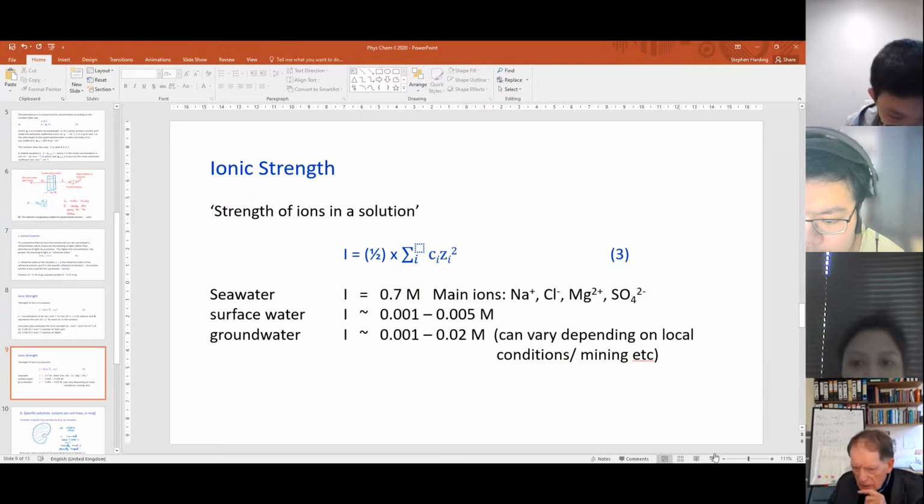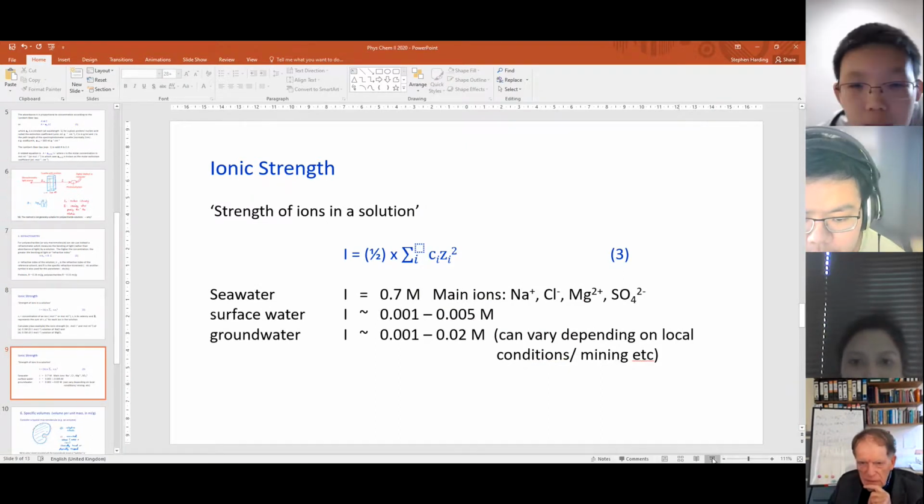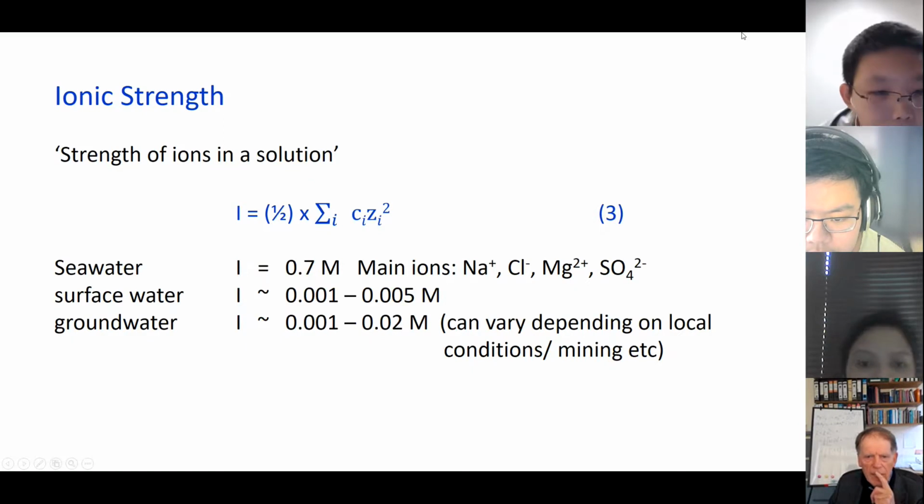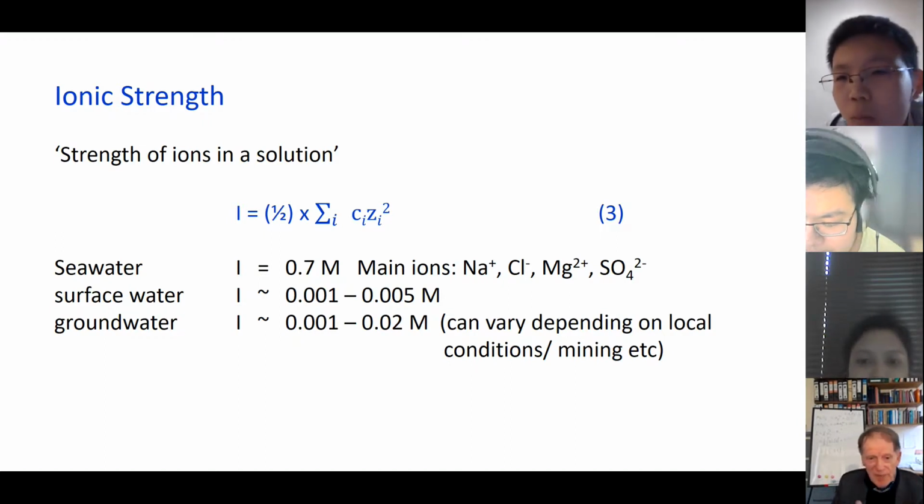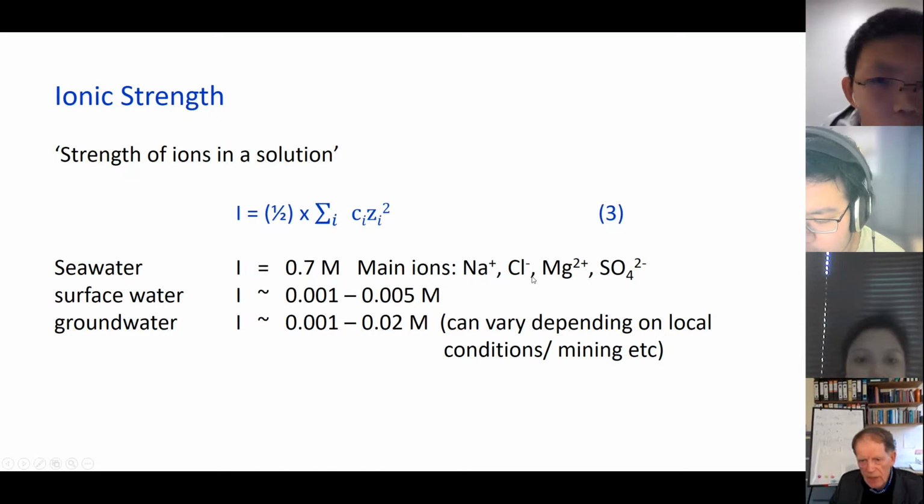Let's go back to full screen again. Right, so the ionic strength of seawater is very high, actually. 0.7 molar is very concentrated, or very ionic in terms of the ionic concentration. And in seawater, the main contributors are sodium and chloride, of course, but also magnesium and sulfate.